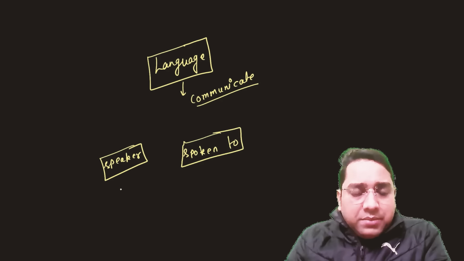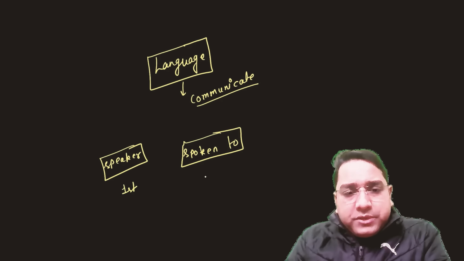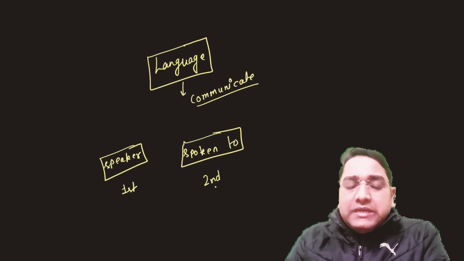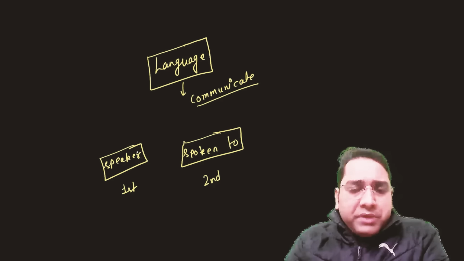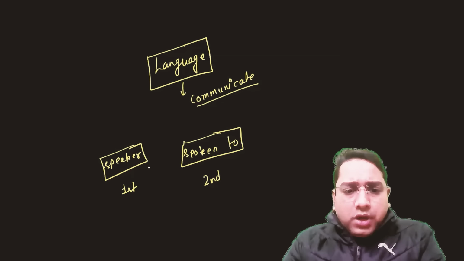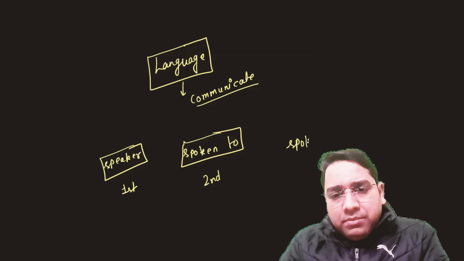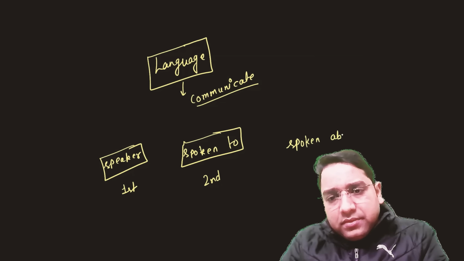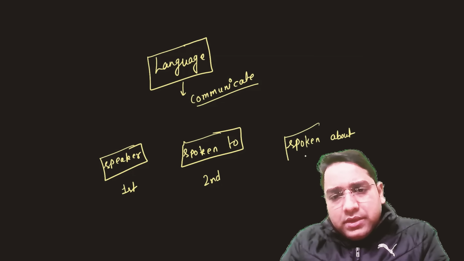Correct? In grammar, the speaker is called first person and the one who is spoken to is called second person. And when these two people talk, they must have something or someone to talk about. So whoever is spoken about, in the English language, we call it third person.